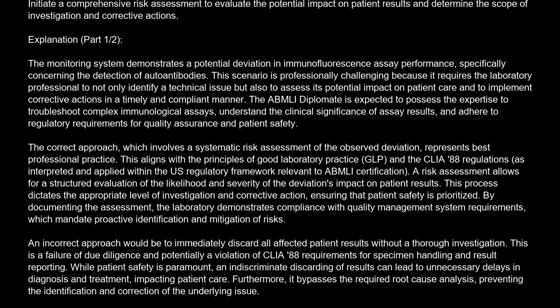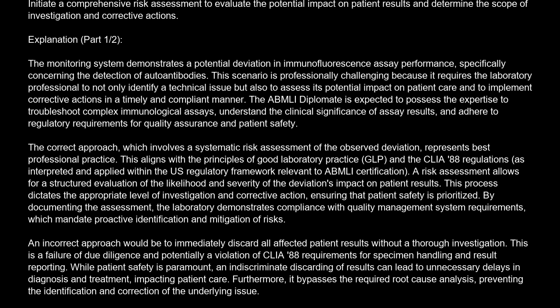Initiate a comprehensive risk assessment to evaluate the potential impact on patient results and determine the scope of investigation and corrective actions. Explanation. The monitoring system demonstrates a potential deviation in immunofluorescence assay performance, specifically concerning the detection of autoantibodies.